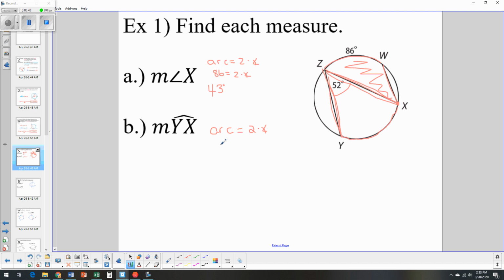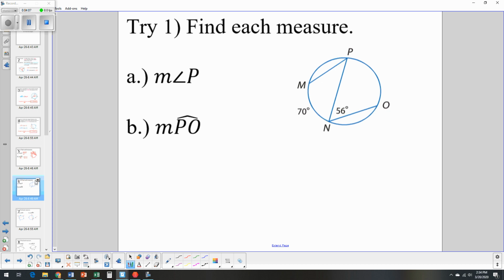This time I don't know the arc, call it a variable if we want, equals 2 times my 52 degrees. 2 times 52 degrees, now this arc would be 104 degrees. All right, so you go ahead, try these two, and when you're ready, unpause and check your answer.